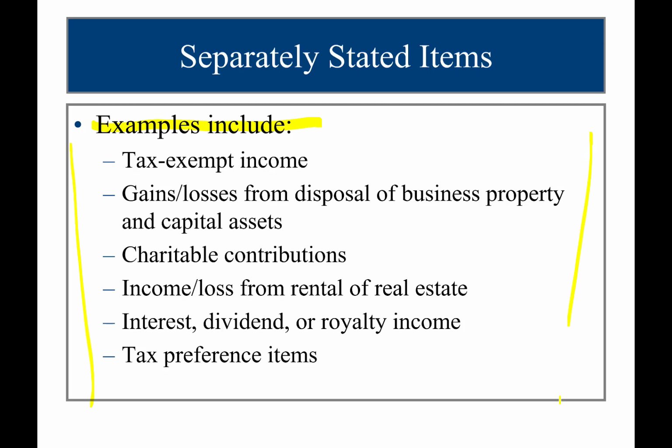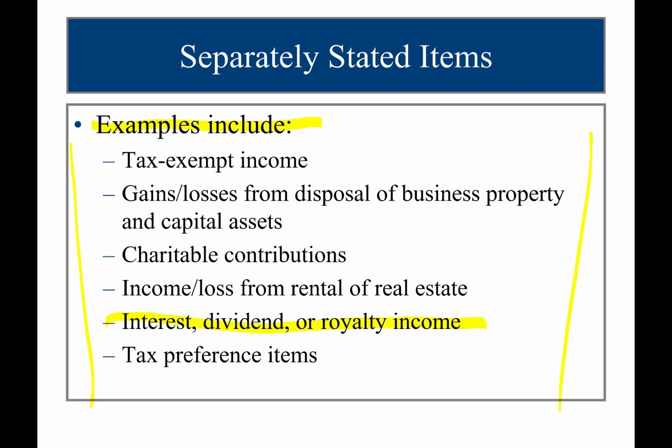Not an exhaustive list, but examples of separate items, and you can see that these are very similar to what we did for partnerships: tax-exempt income, like some sort of state and local interest that's paid to them, gains and losses from disposal of business property and capital assets, charitable contributions, income or loss from rental of real estate, interest, dividends, royalty income, etc. These things are going to be treated as separately stated items.